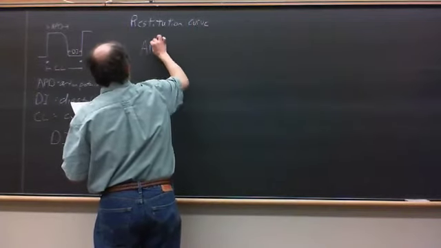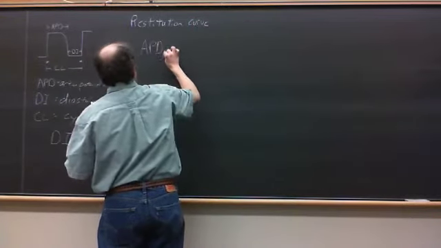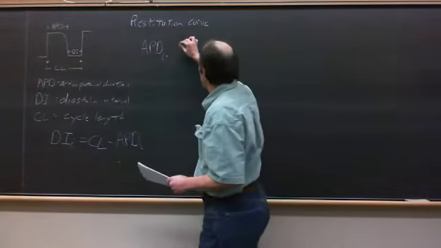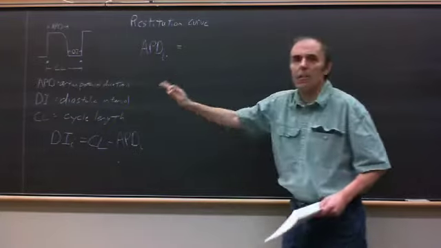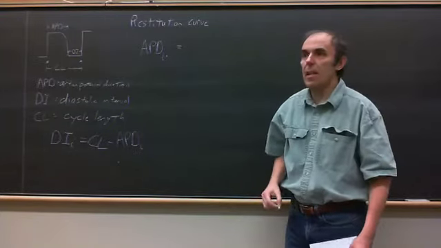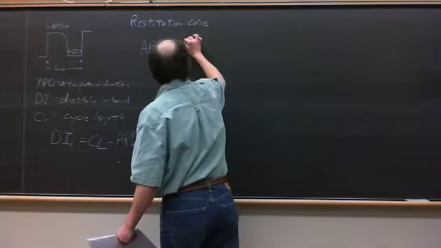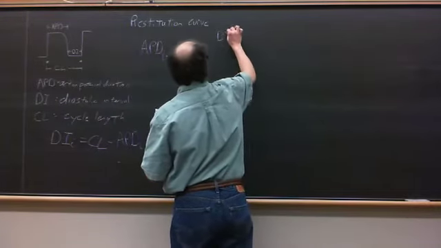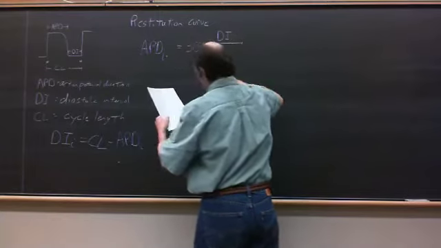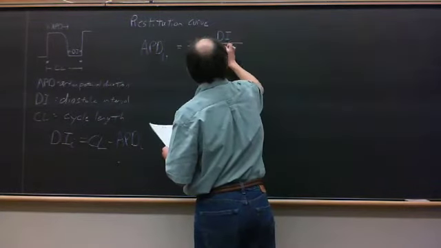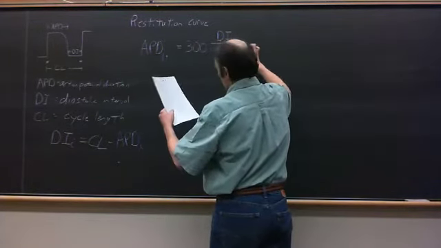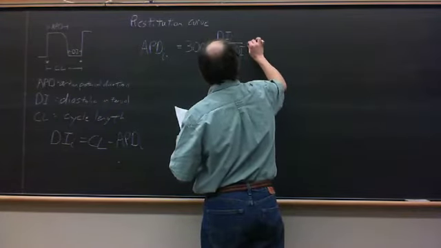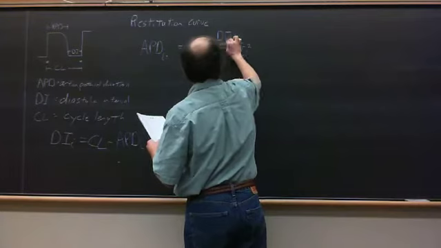It says the action potential duration for the i plus 1 stimulus is going to depend on the diastolic interval from the previous case. And it's going to depend in this kind of weird way: 300 times the diastolic interval for the ith stimulus over the square root of 100 squared plus DI_i squared.